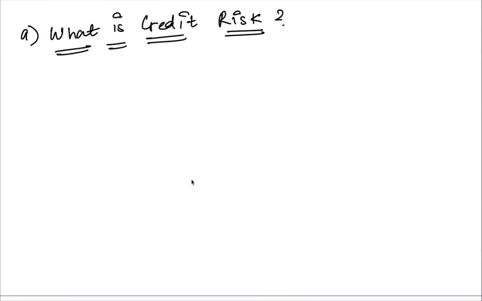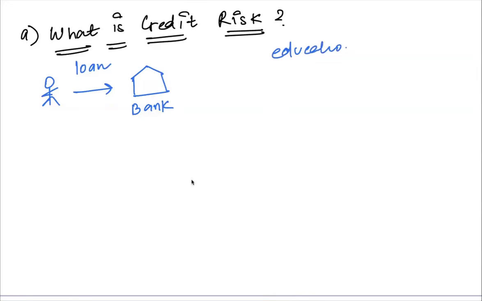See, what happens is, let's say you go to a bank and you say, hey, can you give me some money on loan? Because let's say I want to pursue my education, or I want to buy a home. To buy a home, it's called a mortgage loan.